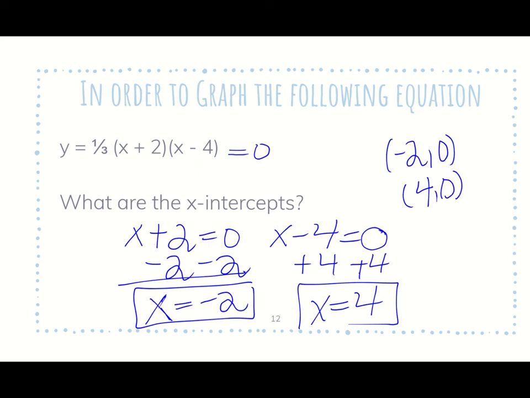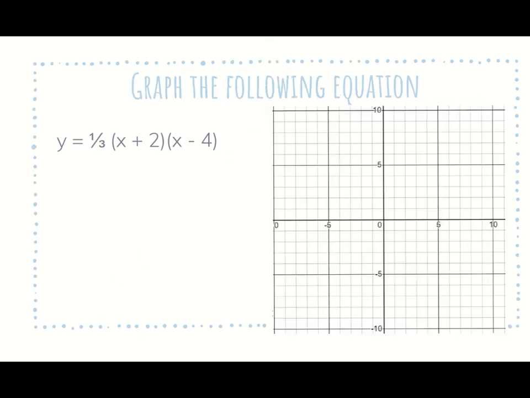But we also have to use these to help us find the vertex. So let's see if we can remember how to do that. To find the vertex, we know that our x-intercepts are at -2 and 4. Those are 2 points, so we could go ahead and plot those. 1, 2, 3, 4.